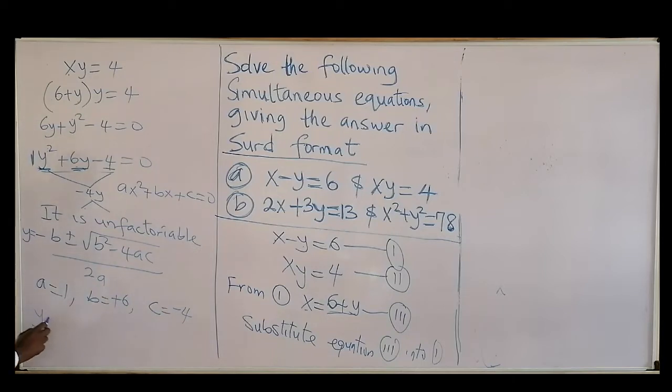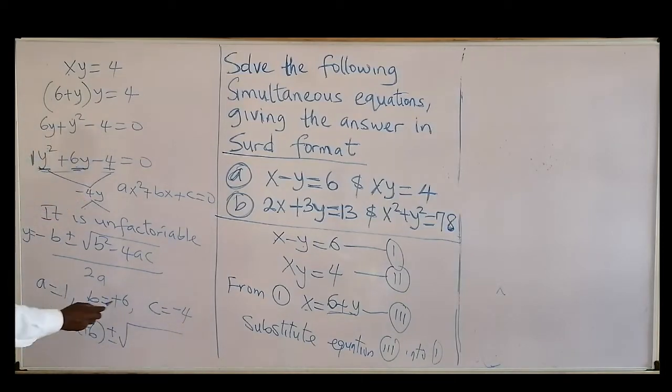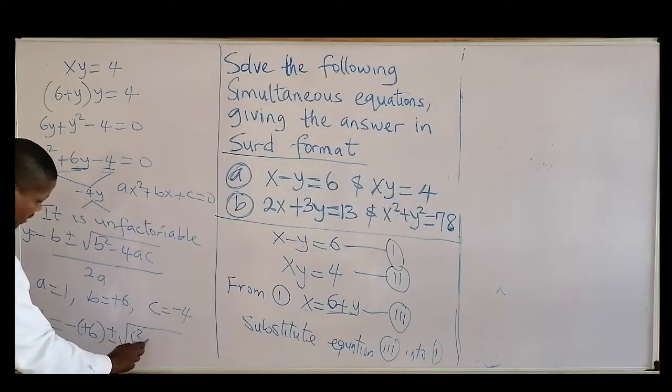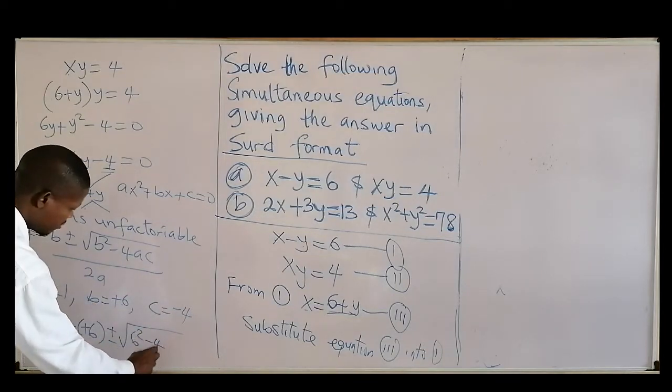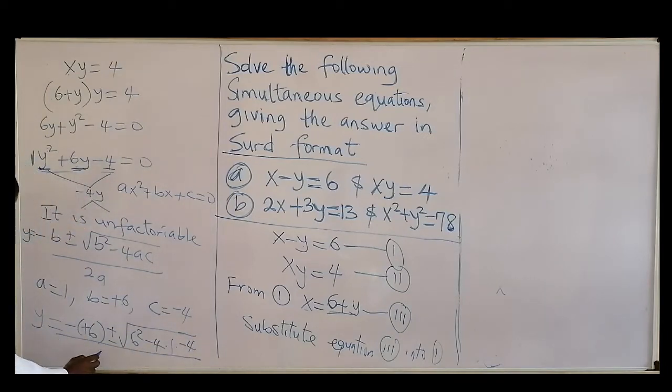So let's do the substitution. My b is 6, so that will be minus 6, plus or minus the square root of b squared, that's 6 squared, minus 4 times a, which is 1, times minus 4, all over 2a. A is 1, that's 2 all over 2.